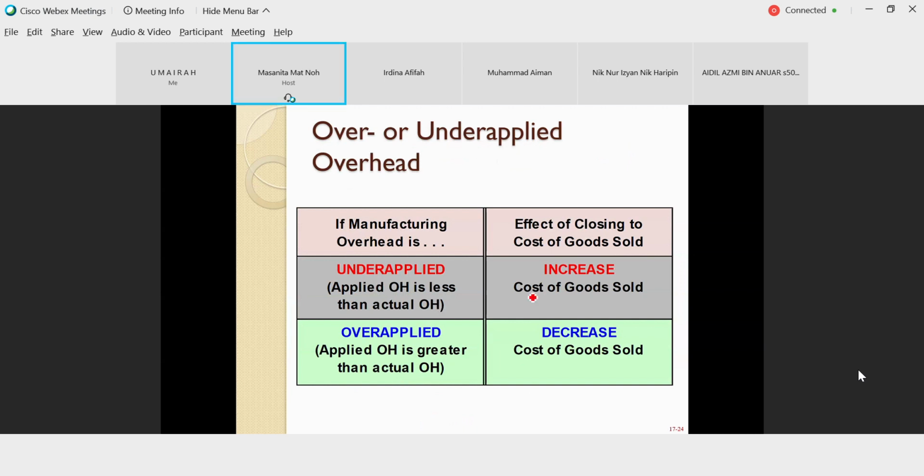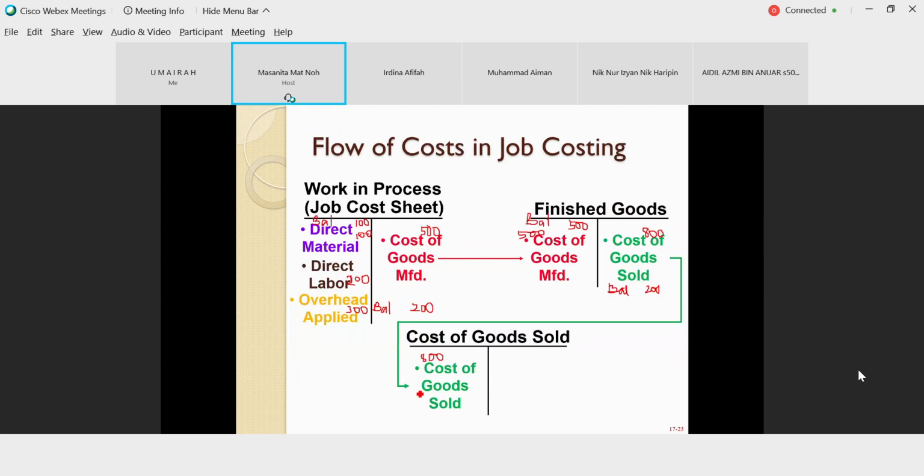Kalau dia under applied, then kita akan tambah. Macam ni. Kita akan tambah if under applied. Tapi the difference je lah. Under applied.